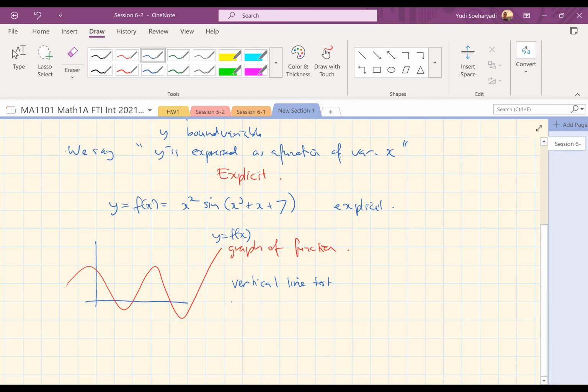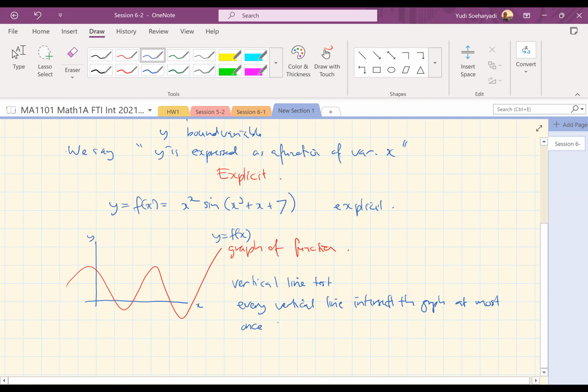For every x, every vertical line intersects the graph at most once.